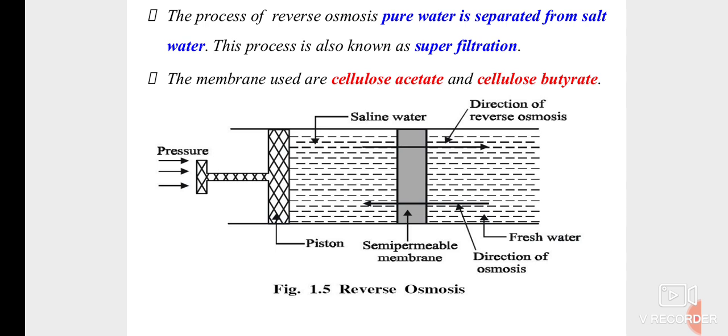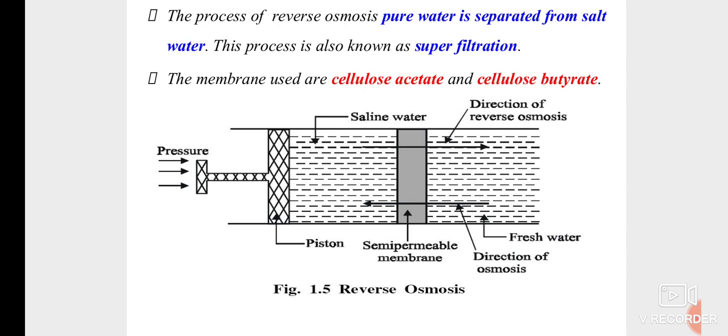That is called fresh water. Then the left side, inside the piston, has the saline water. Saline means salt water or sea water. Sea water has a large amount of salt, and the more salt dissolved in the water, the higher the concentration. So saline water has the high concentration, and fresh water has the lower concentration.